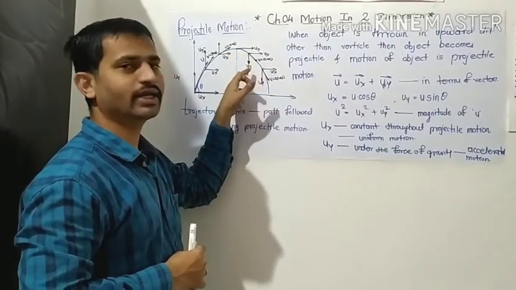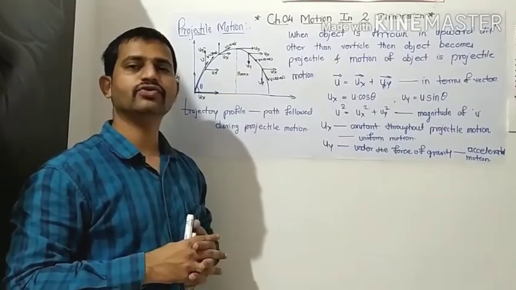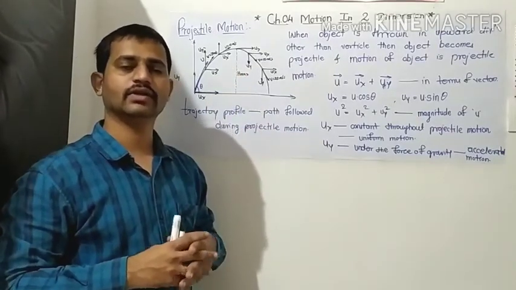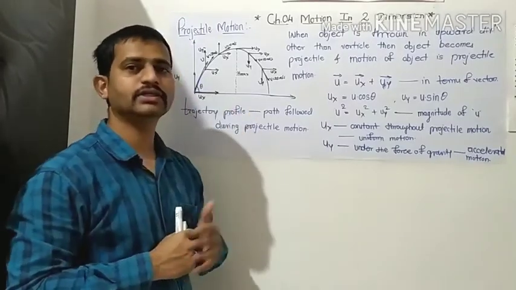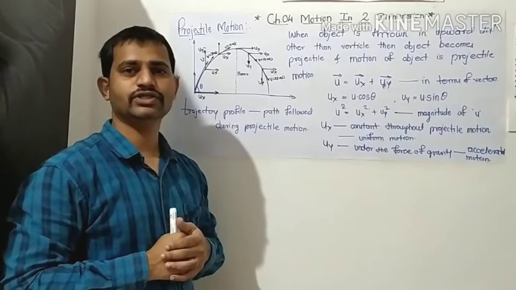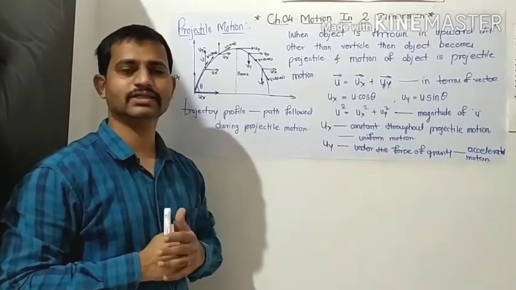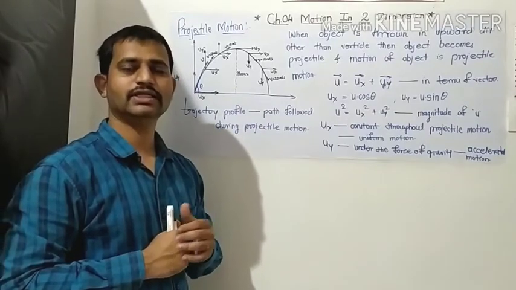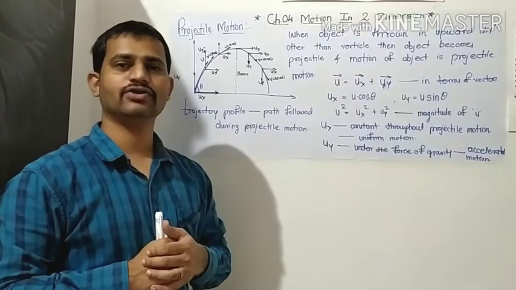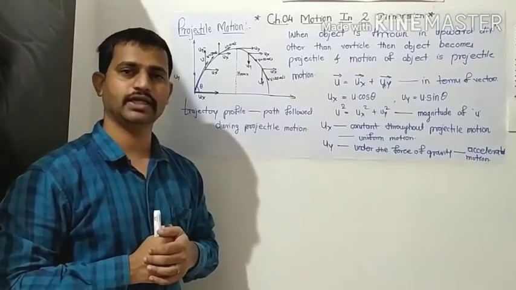If we calculate any velocity, we know v is equal to u plus at. Here u is equal to 20, a is equal to g, and the time t goes on increasing, so the product g into t goes on increasing.